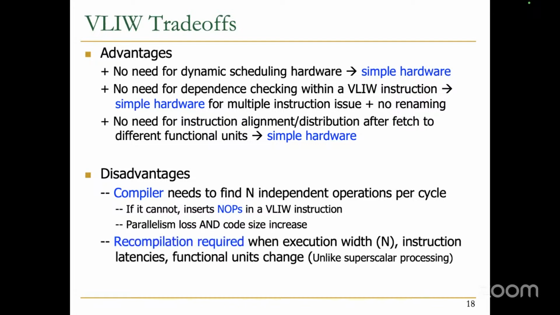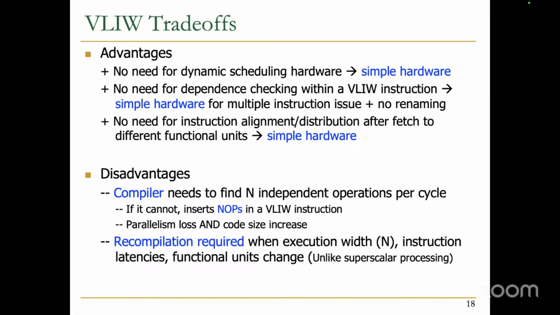There's another disadvantage. Because your compiler is so tightly coupled with the microarchitecture, the microarchitecture itself is what the compiler is optimizing directly for. Whenever you change the microarchitecture, your compiler needs to change also. And this could be any small thing in the microarchitecture. You change a latency here, you change another latency there, and what the compiler did may not be very good for performance.